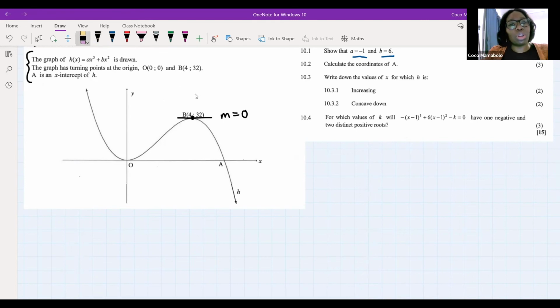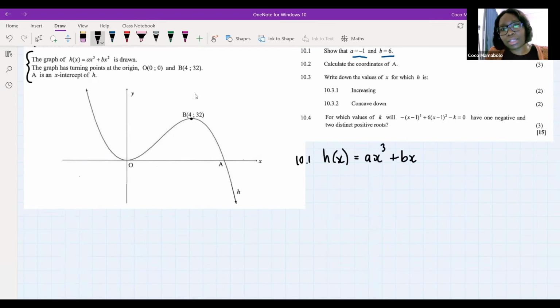Now, I don't know what my cubic function is because a and b are missing. But I do know that the derivative of that function, h of x, at this point will be equal to 0. So if I find the derivative, let me write out the function first so that we can see them one right under the other: ax cubed plus bx squared.